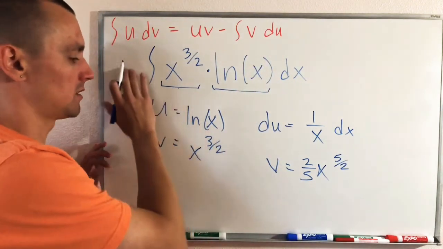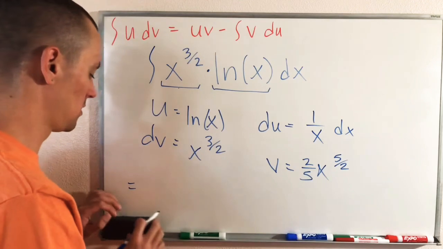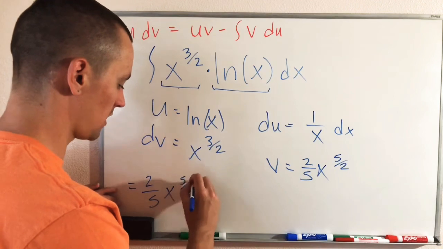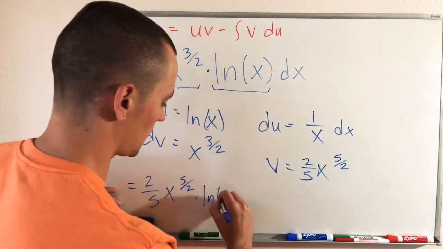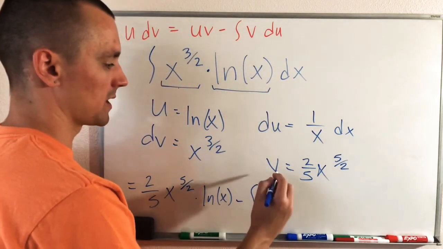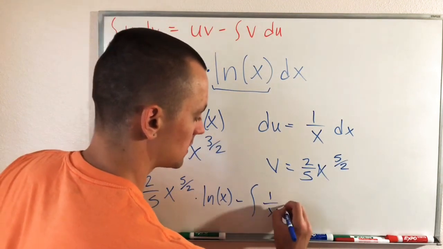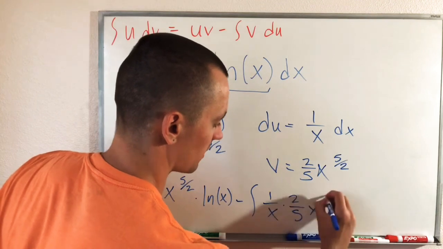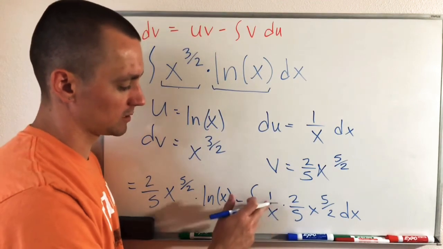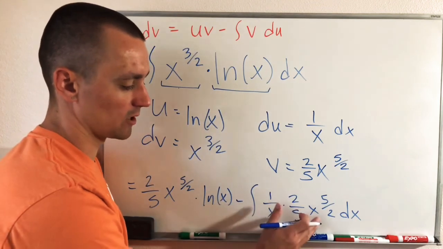Now we take these four pieces and plug them into the integration by parts formula. So this integral is equivalent to u times v, which we'll put as 2/5 x to the 5/2 times natural log x, minus the integral of v du. If we do 1 over x times 2/5 x to the 5/2 times dx, this simplifies quite nicely because the 1 over x cancels with some of our x.